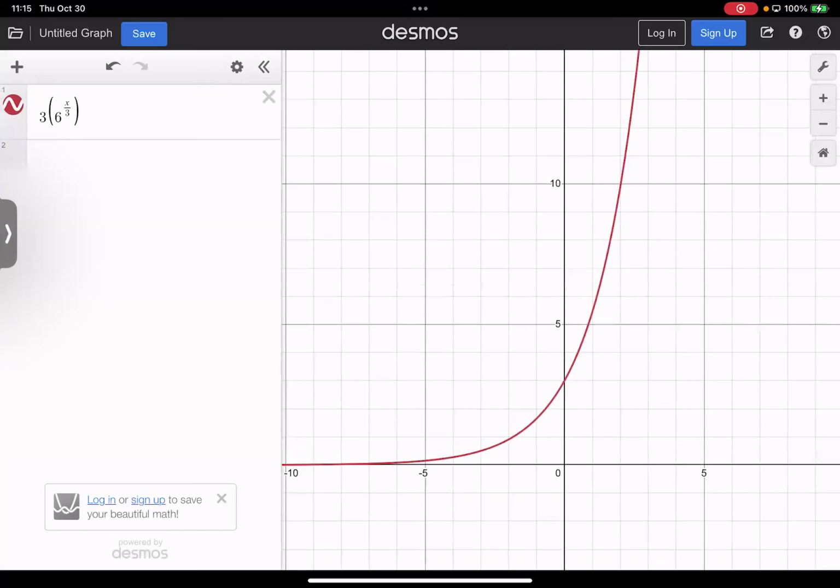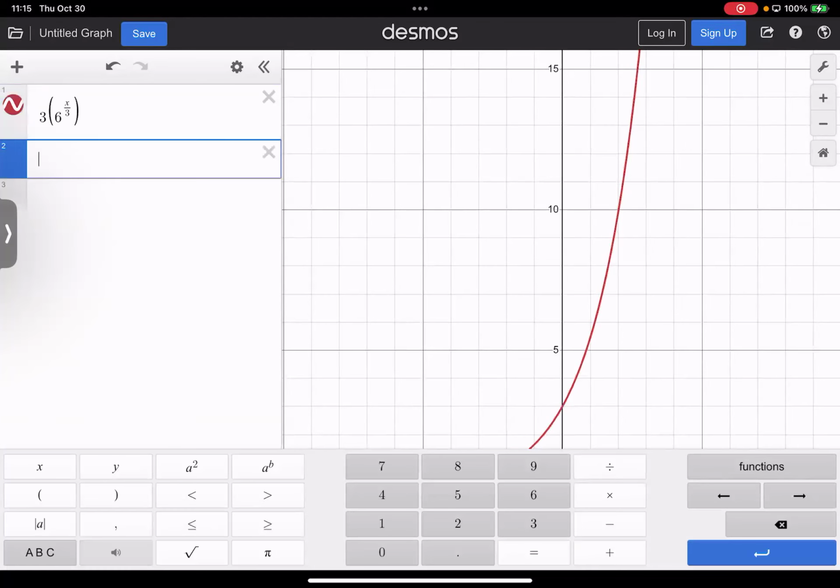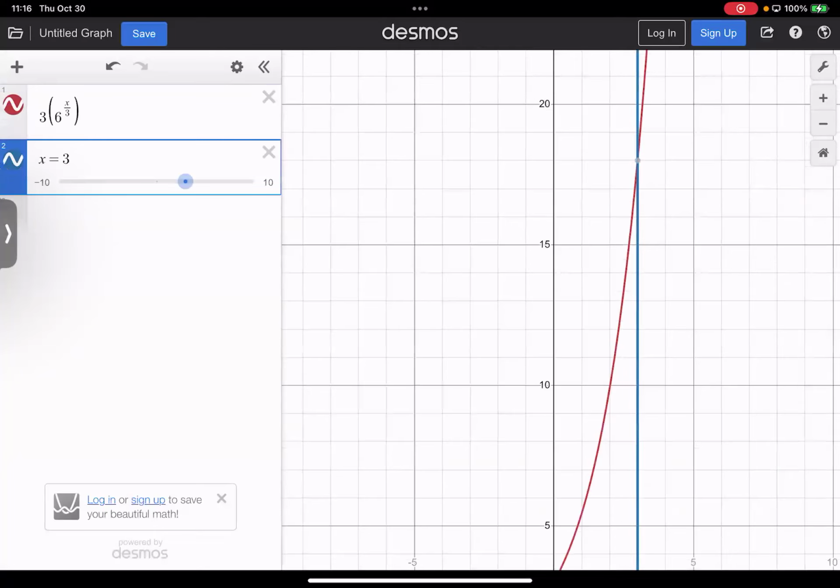And then how can I confirm that it goes through 3, 18? I can draw a line at x equals 3 and make sure that it crosses at 3, 18, which it does.